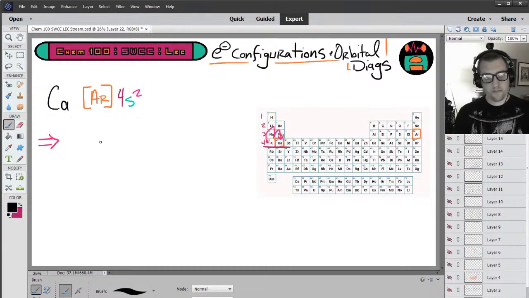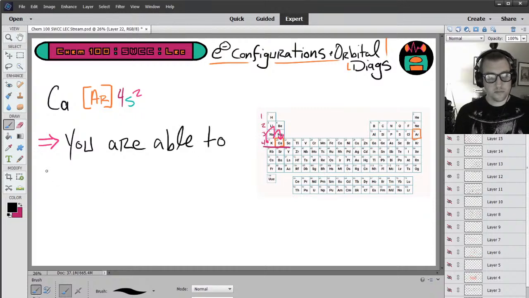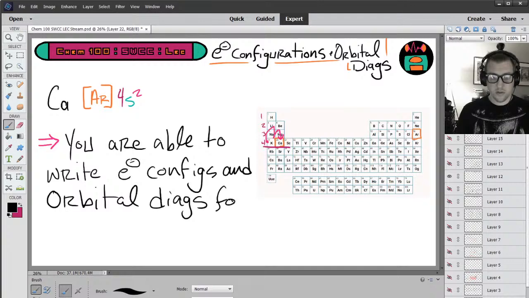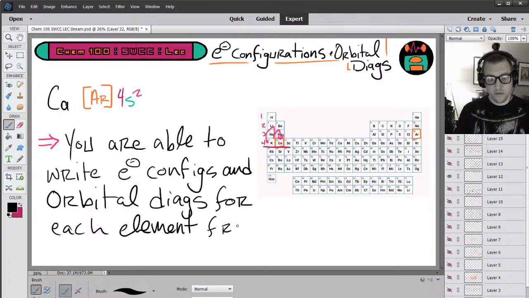At this moment in time, you are able to write the electron configurations and orbital diagrams for each element from hydrogen to calcium.